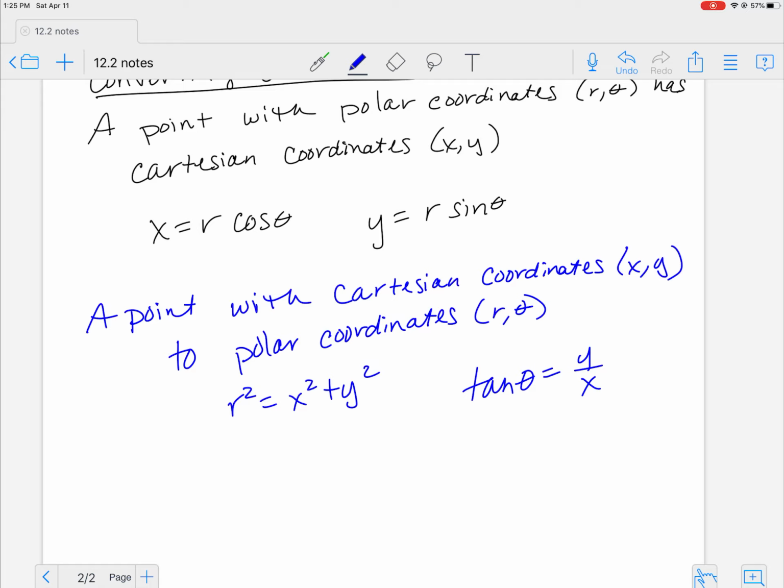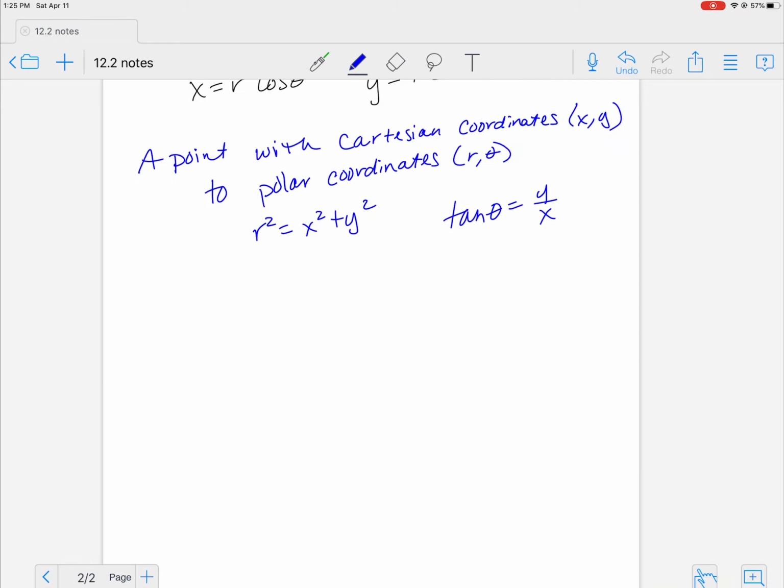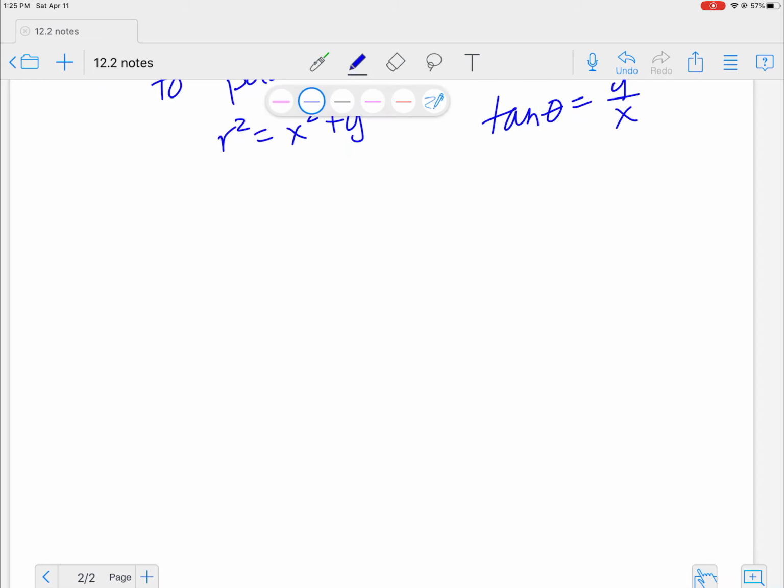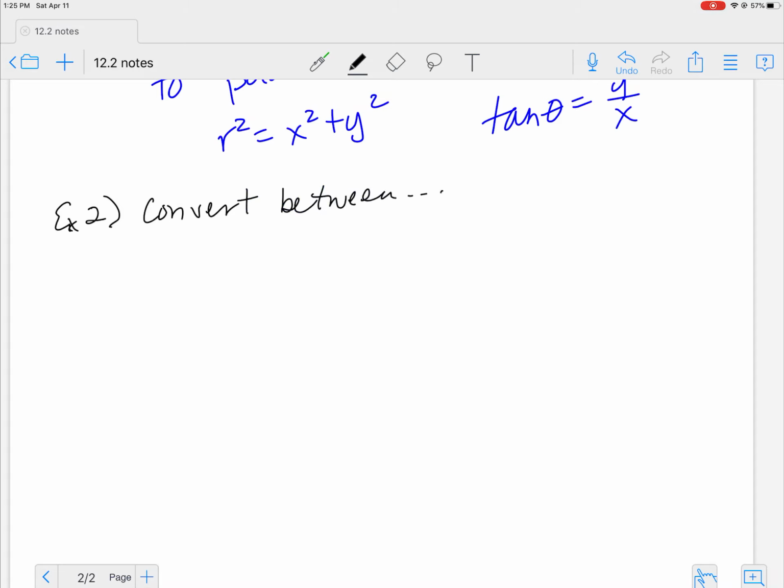All right. Okay, how much room do I have on here? Oh, plenty of room. Okay, so let's do some conversions then. Here's example 2. I want to convert between the two. That's what we're looking for. All right, so polar to Cartesian.